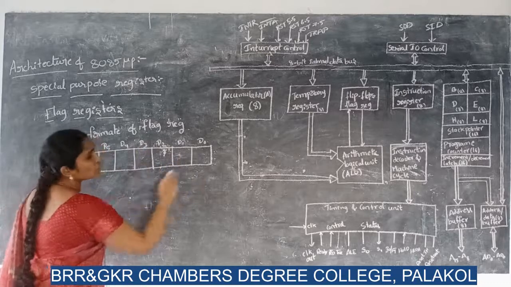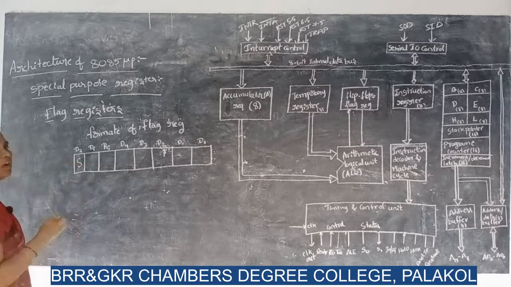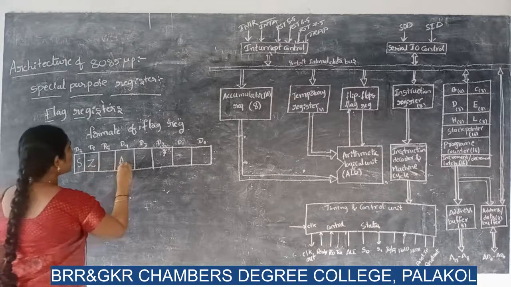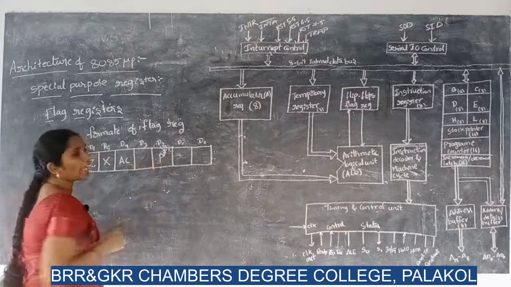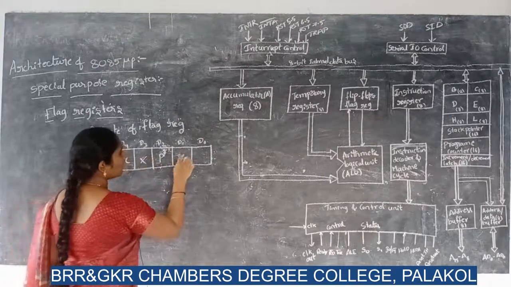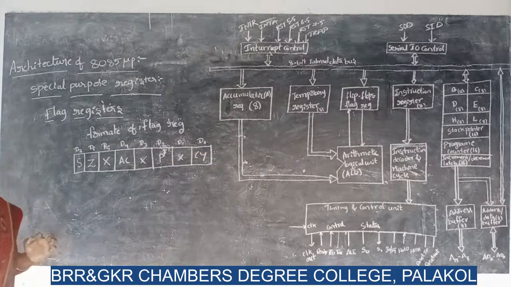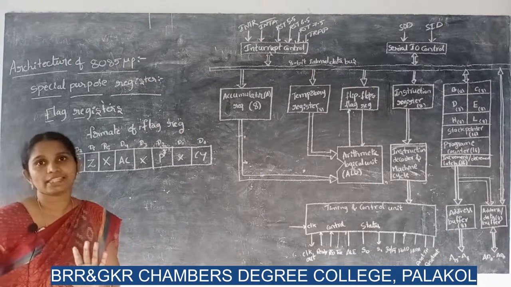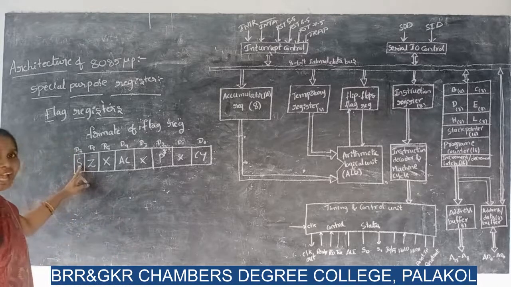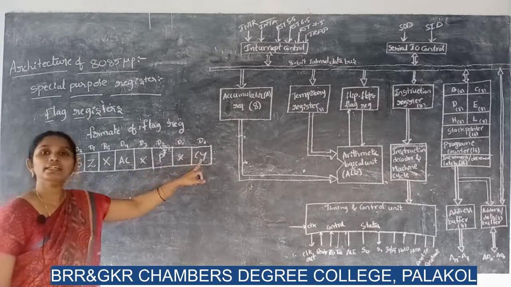This is the format of the flag register. The first flag is the sign flag, after that the zero flag, then an unused flag, which is a don't care, then the auxiliary carry flag, an unused flag, the parity flag, an unused flag, and the carry flag. Very important: the 8085 microprocessor has 5 flags: the sign flag, zero flag, auxiliary carry flag, parity flag and carry flag.